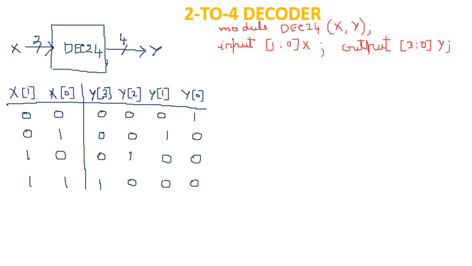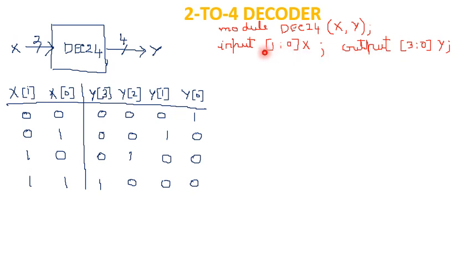By now the module definition would be familiar to you. The module definition is module decoder 2 to 4 (x, y). This has only one input signal x and one output signal y. But this input signal x is 2 bits wide, that is why I have declared it as a vector 1 down to 0, and output signal y is a 4-bit signal, so I have declared it as 3 down to 0 y.